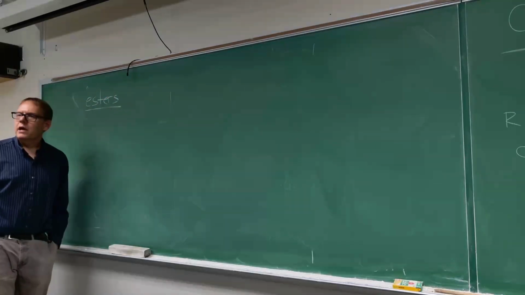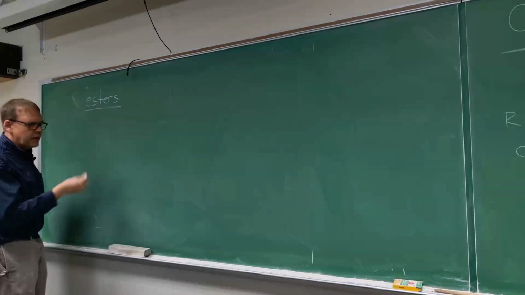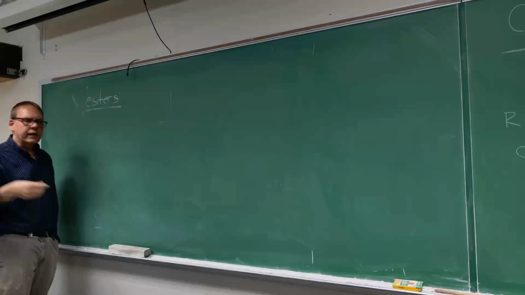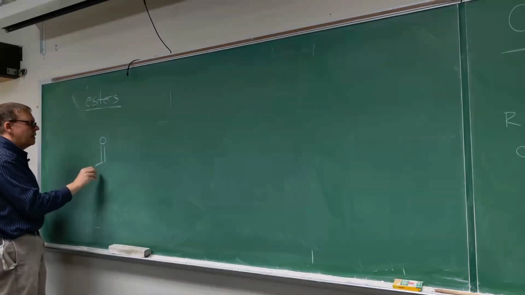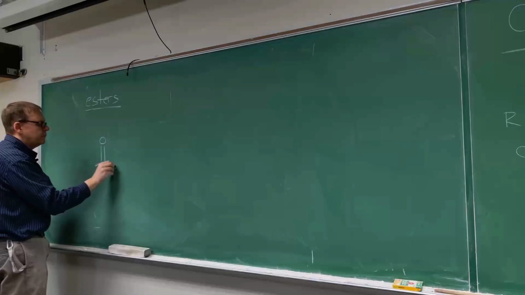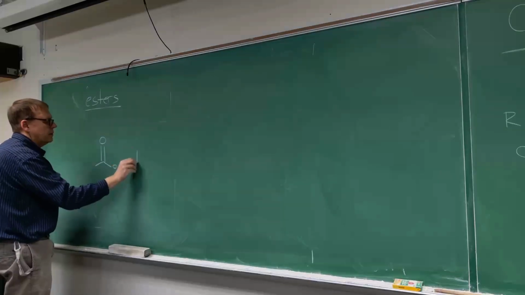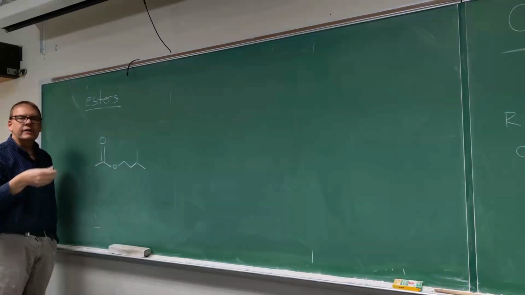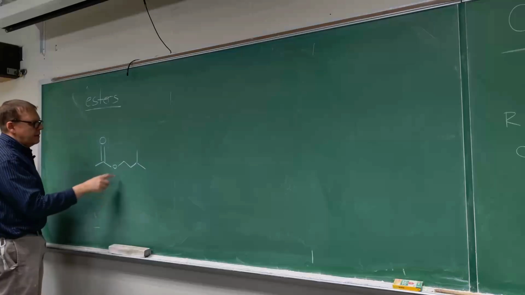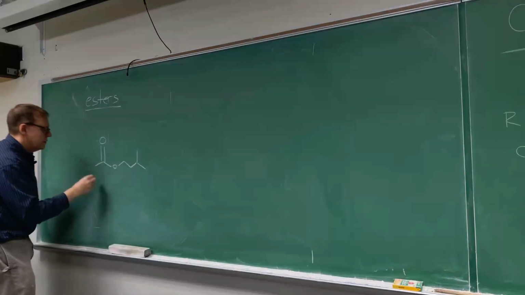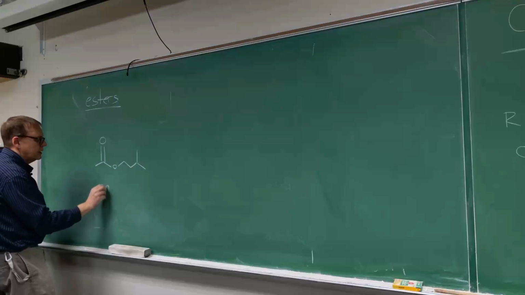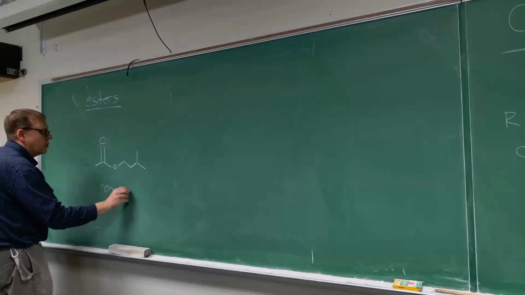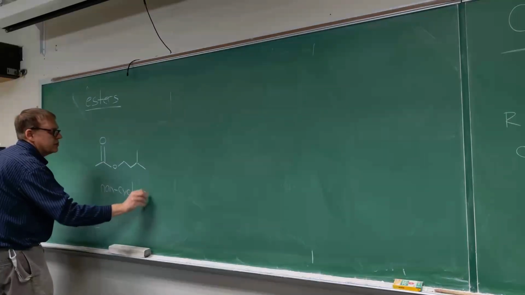So esters can be acyclic. In other words, they're not in a ring. As an example of that, here is an example of a non-cyclic ester. It's kind of an ordinary ester.